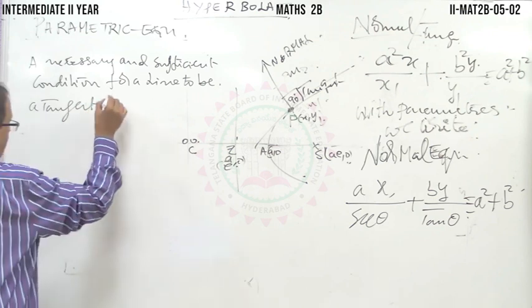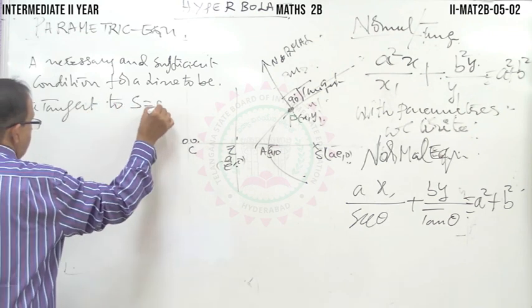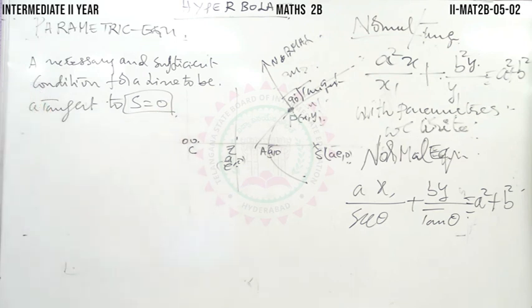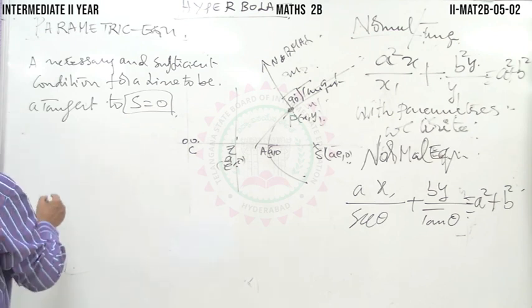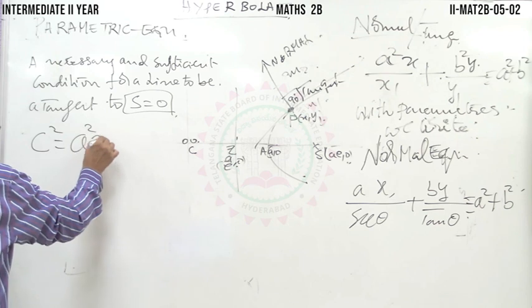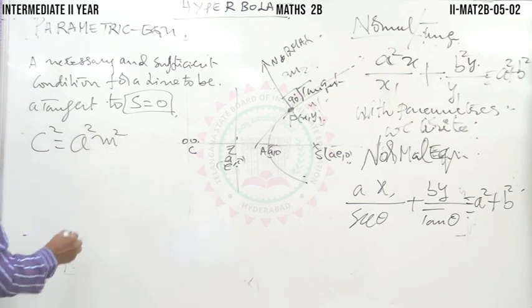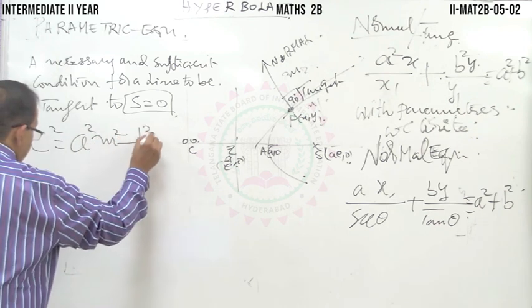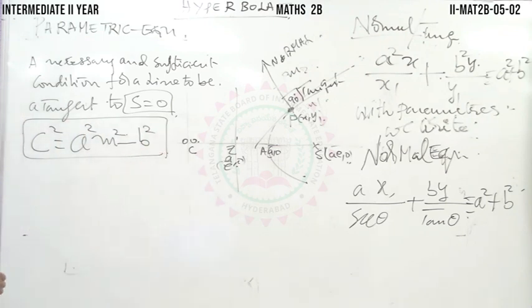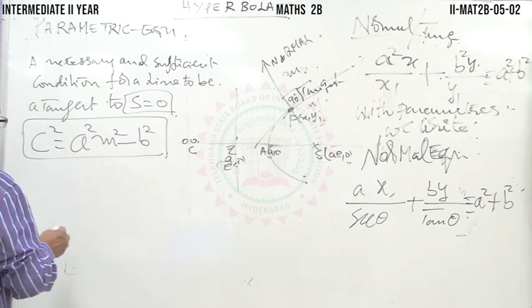So S is equal to 0, hyperbola. So the necessary and sufficient condition you can write in this form: c square is equal to a square m square minus b square is the necessary condition for a hyperbola.